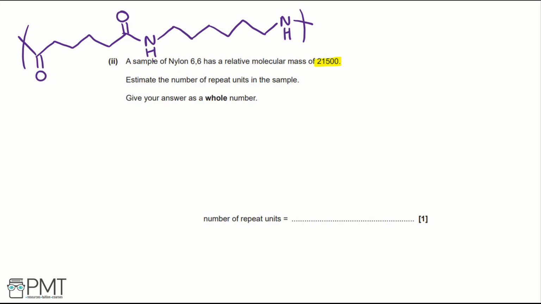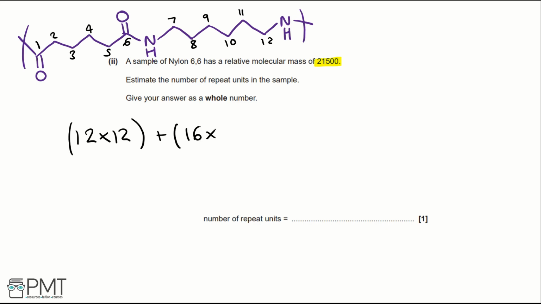So relative molecular mass, that would be counting the number of carbons and timesing it by its relative atomic mass. There are 12 carbons in this molecule. 1, 2, 3, 4, 5, 6, 7, 8, 9, 10, 11, 12, plus 2 oxygens and 2 nitrogens.